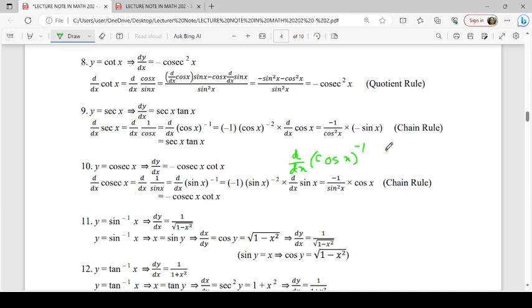So d/dx of u to the power minus 1 is d/du of u to the power minus 1 into du/dx.